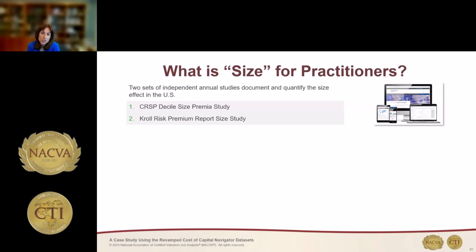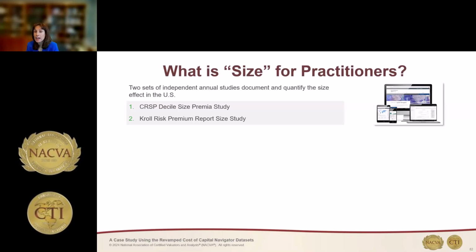Two of the major traditional size studies that existed were the CRSP decile size premium study, and that was really what Morningstar and Ibbotson used to publish, right? So we took over that work from Morningstar with their permission, and we still talk to Professor Roger Ibbotson on a regular basis about these topics.